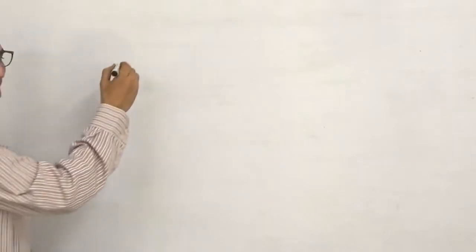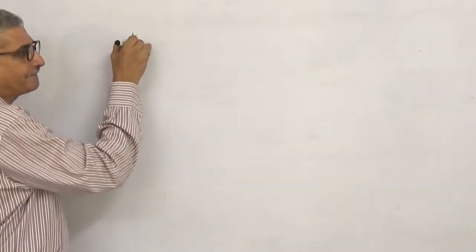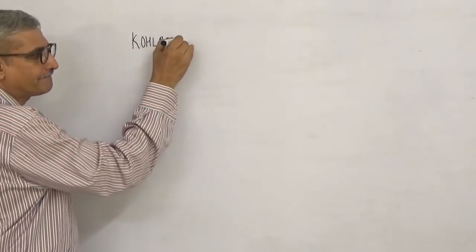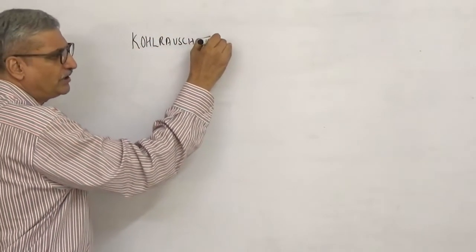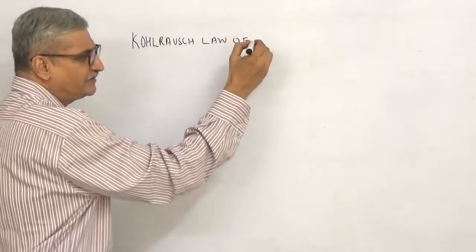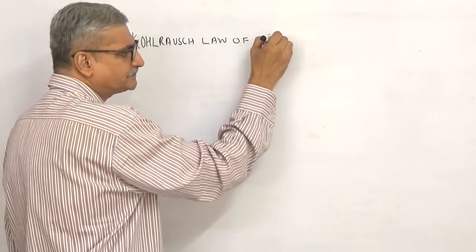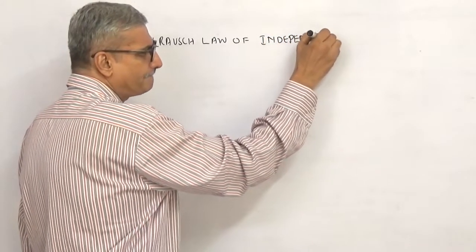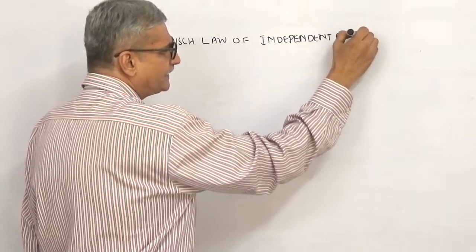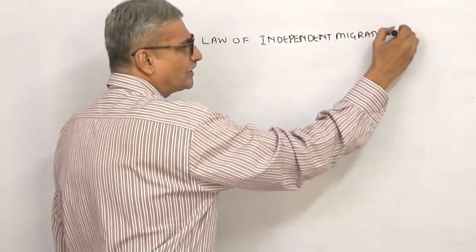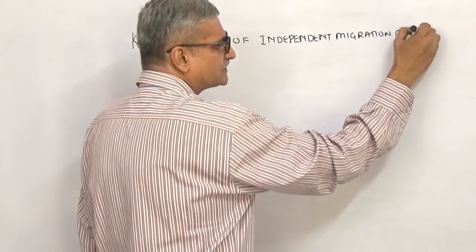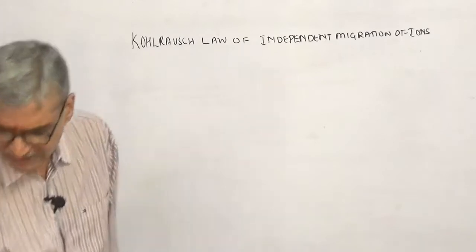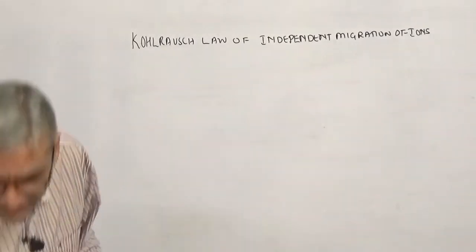So now we have the Kohlrausch law of independent migration of ions. Very important. The statement has to be as per the textbook, because I'll tell you where the mistake is made.